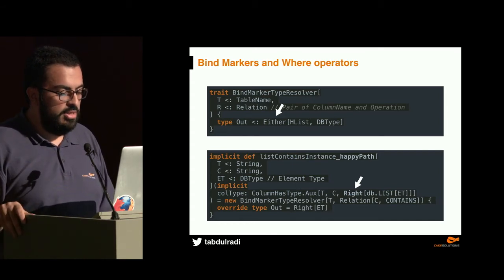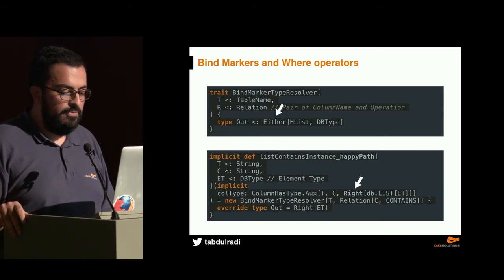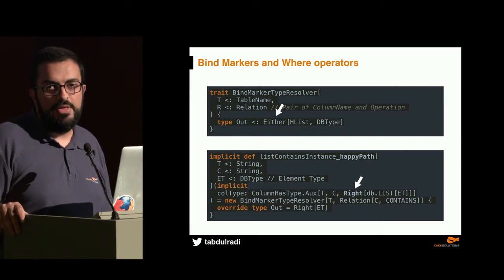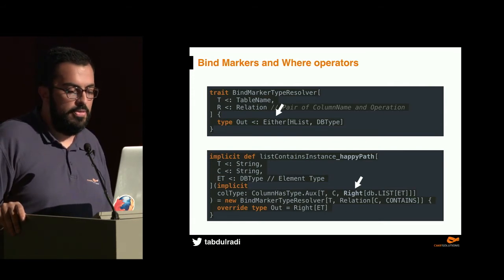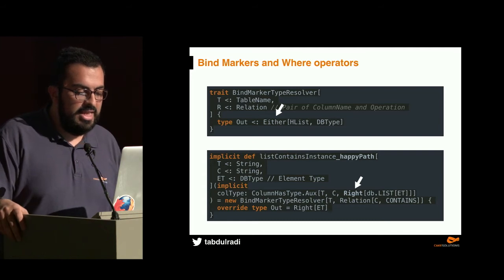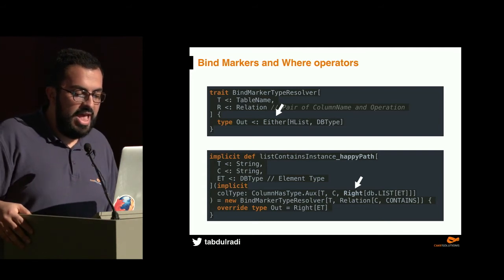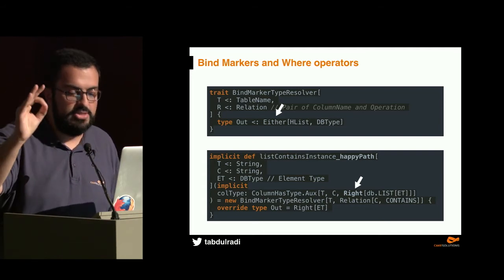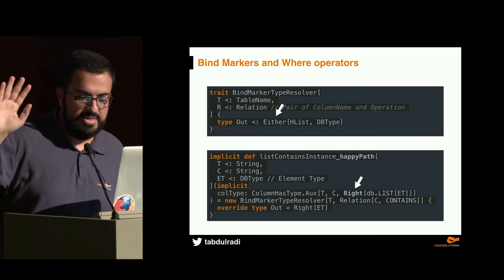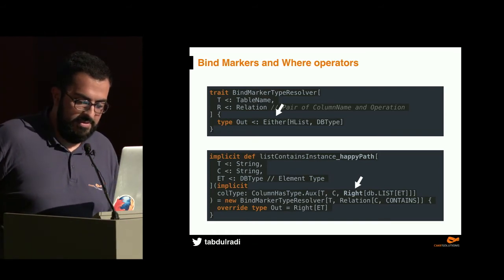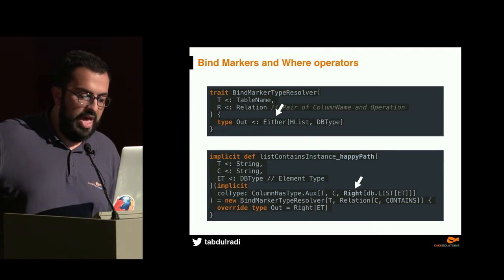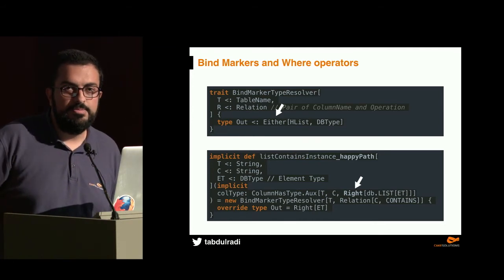Then the implementation is we're going to have two versions, one happy path and one non-happy path. The happy path is going to look for column has type, and specifically it has to be right of something. This is the happy path. If this is good, then the output type is right of ET.